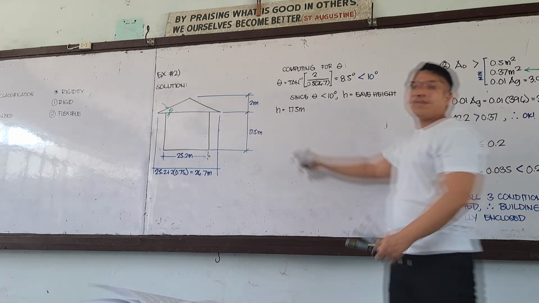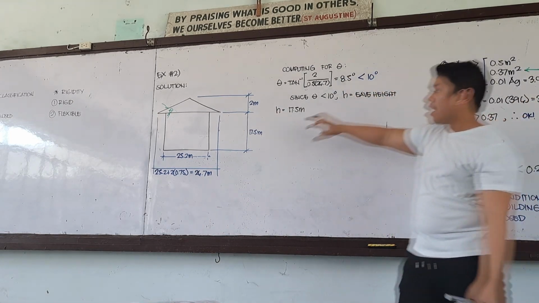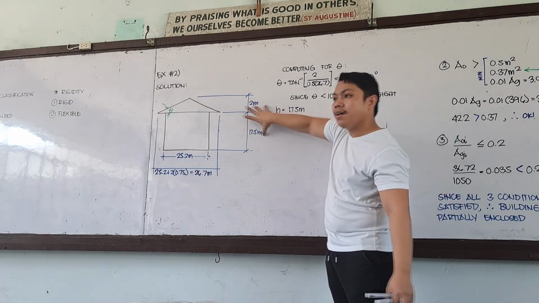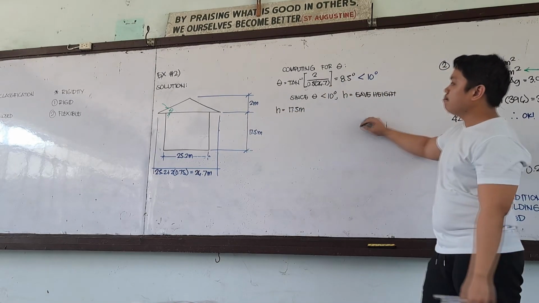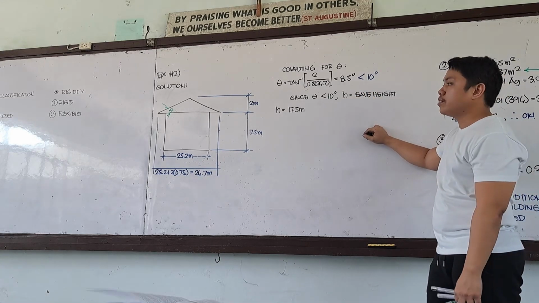If theta is greater than 10, we use the total ridge height. So always refer to the roof pitch.